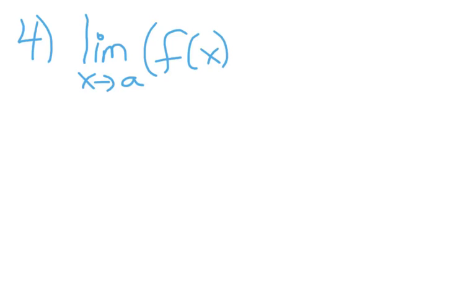The next rule talks about, well, it's actually going to be three separate rules. So if we have the limit as x approaches a of f of x, and we're going to talk about three ways of piecing them together. Either we add them together, we subtract them, or we multiply them with g of x. So the only thing we need here is that these two individual limits exist.